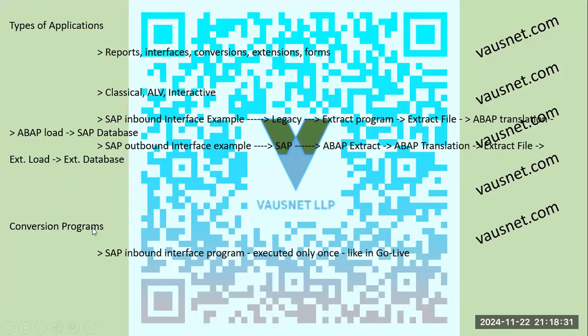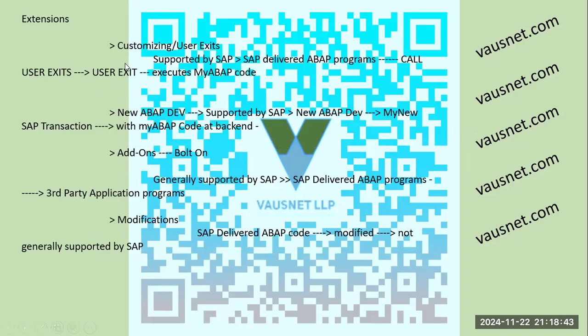ABAP consultants also build conversion programs where data has to migrate from one system to another or from one server to another. Also, an ABAP consultant builds extensions, user exits. Now, user exits are basically customer processes that are not available in SAP, but the ABAP consultant builds them, as well as add-ons, modifications, and third-party application programs.